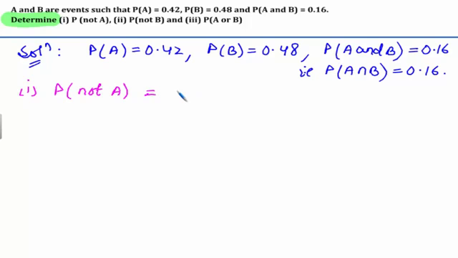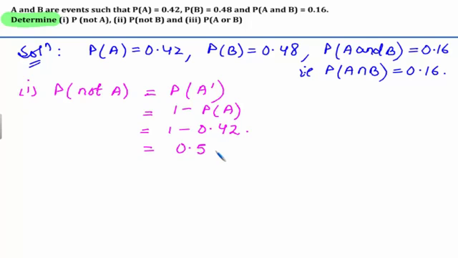Now let us find the first part where we have to find the probability of not A. That is equal to 1 minus probability of A, that is 1 minus 0.42, which is equal to 0.58. Therefore, probability of not A is 0.58. Now let us proceed on to the second part.